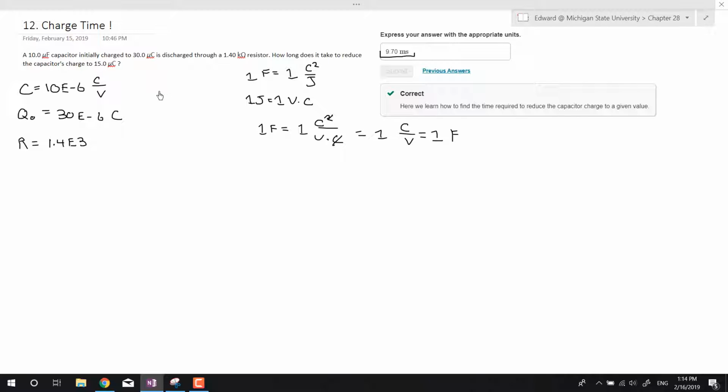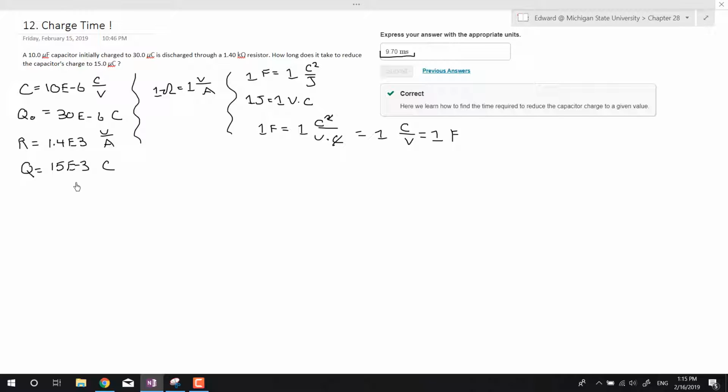And 1 ohm is equal to 1 volt over amperage, right? So we're getting our units as basic as they can be, so we can get something in terms of time. Now it's asking us how long does it take, so we need time. The capacitor's final charge is 15 e to the negative 6 coulombs.